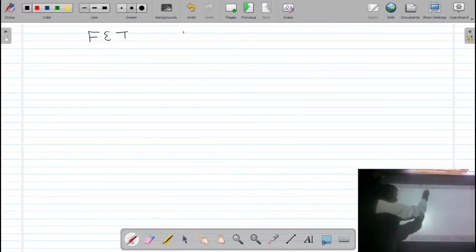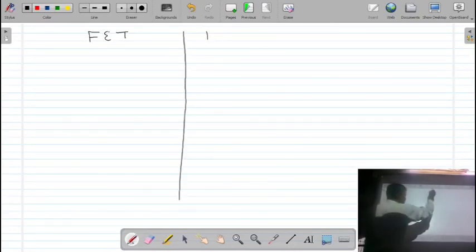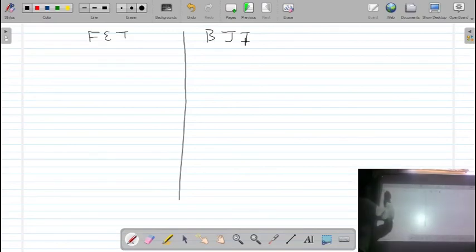So now I am starting the first topic. Here I am writing: difference between field effect transistor and bipolar junction transistor.